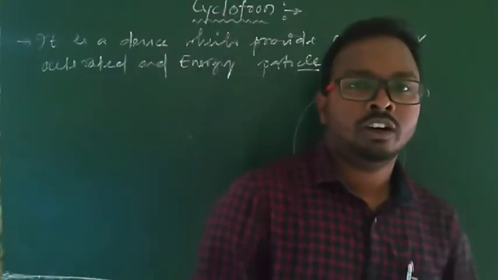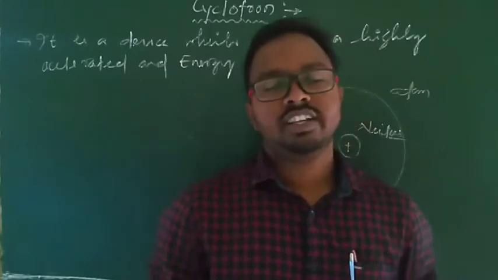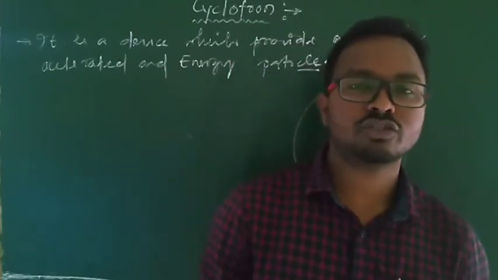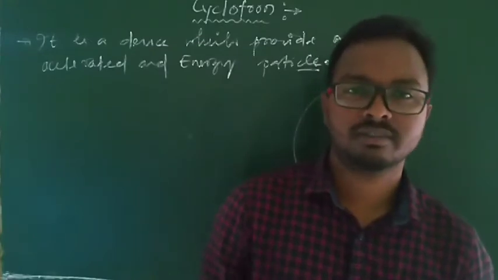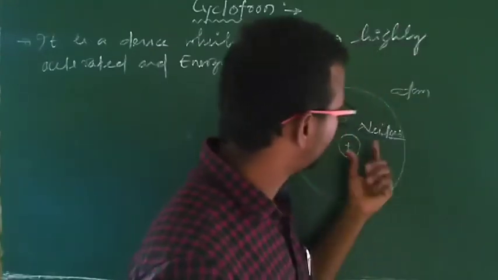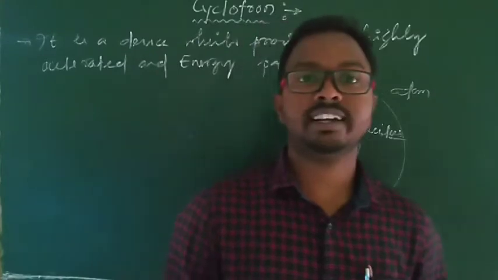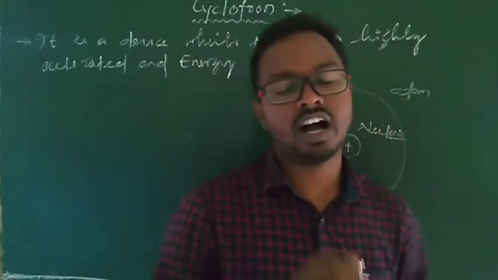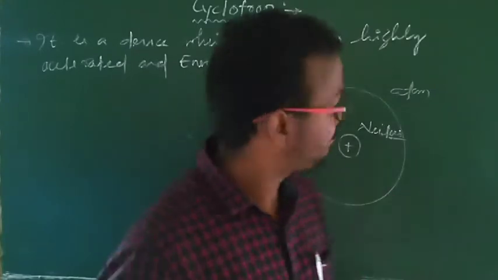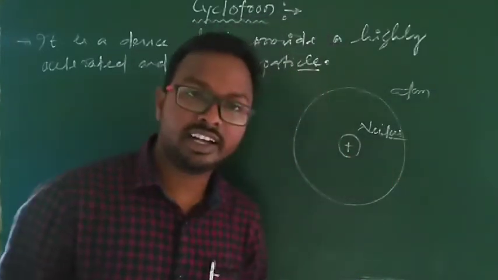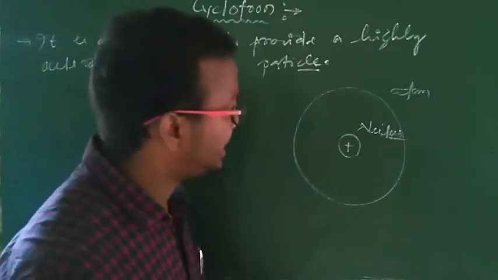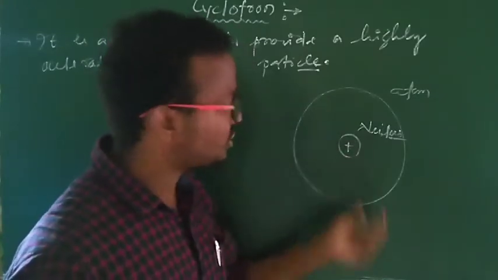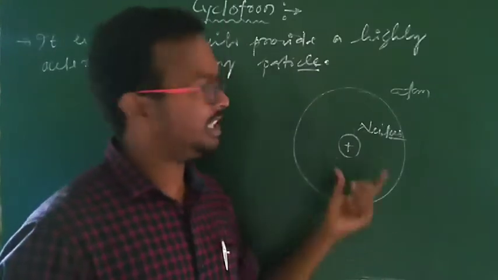Now we are going to study the nuclear properties of a nucleus. So how can I study the nuclear properties of the nucleus? First we have to break the nucleus. It is not easy to break a nucleus. So we need a highly accelerated, highly energetic particle which bombards the nucleus, and the constituent particles of the nucleus are separated. Now we study the nuclear properties.